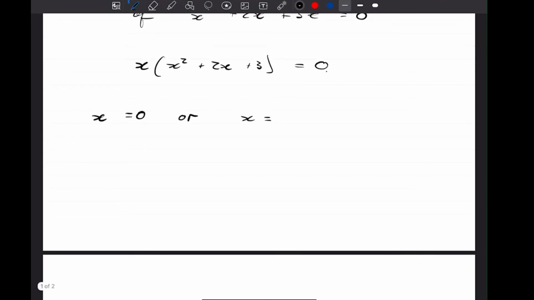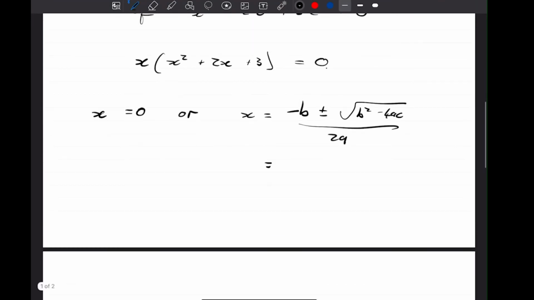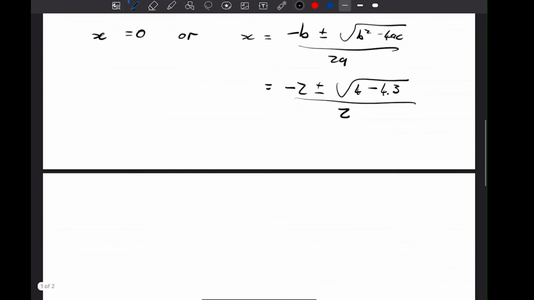Let's see if I can remember. Minus b plus or minus the square root of b squared minus 4ac, all over 2a. What does that become? That is minus 2 plus or minus the square root of b squared, which is 4, minus 4 times a, which is 1, multiplied by c, which is 3, over 2a, and a is 1, so over 2.